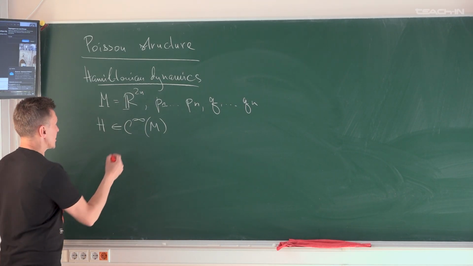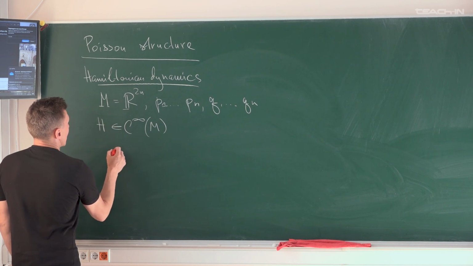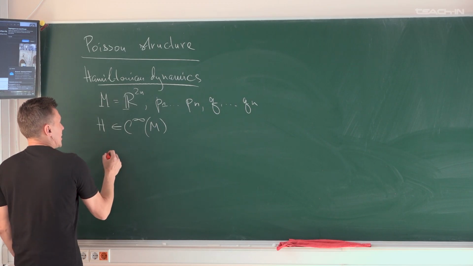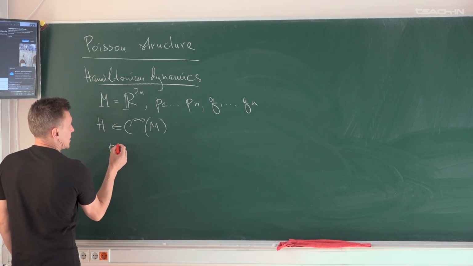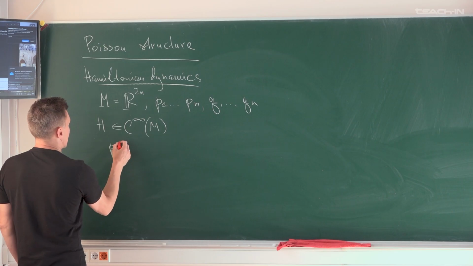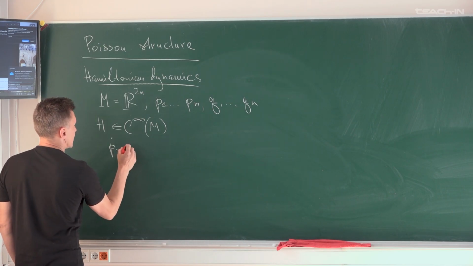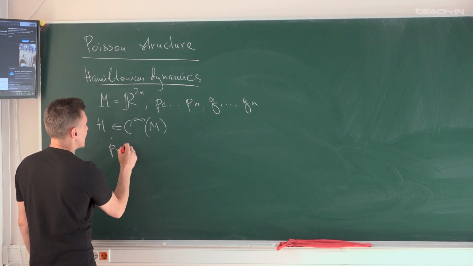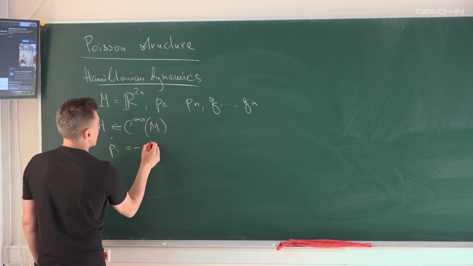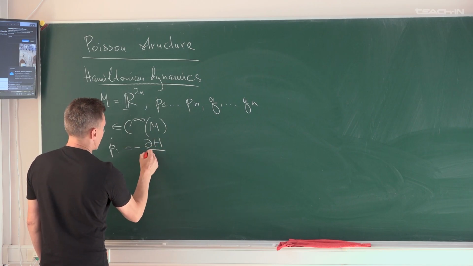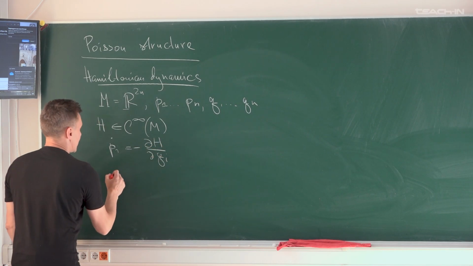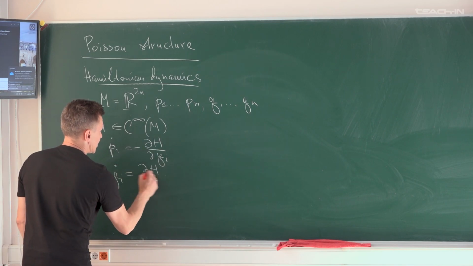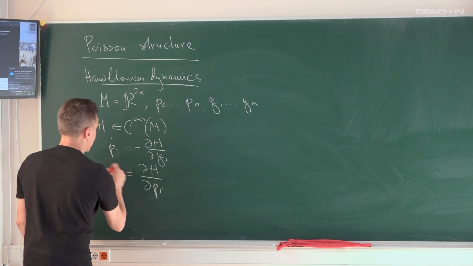a system of differential equations with respect to some time t: p_i dot, the derivative with respect to time, is equal to minus dH over dq_i, and q_i dot is equal to dH over dp_i.